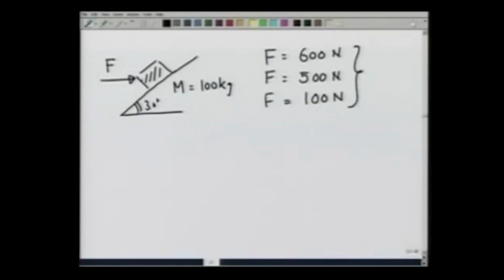I want to know in these three cases, does the block move, does it remain stationary, and so on.